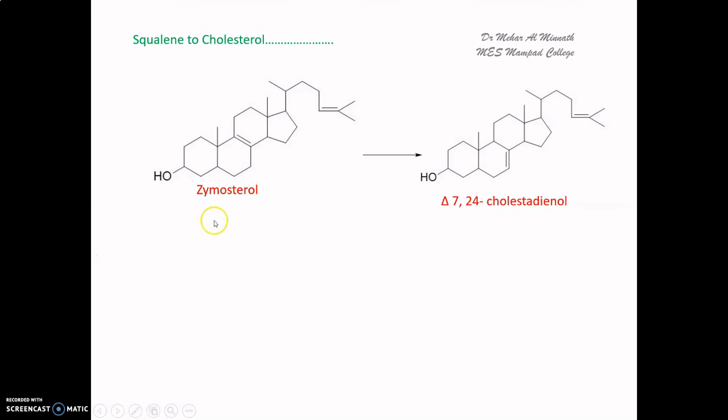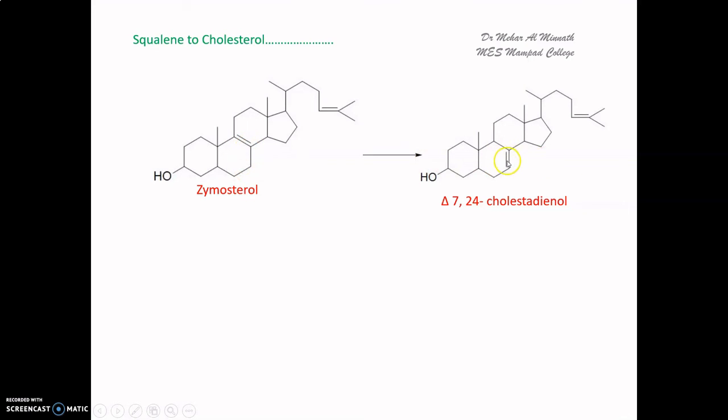Now this zymosterol gets converted to 7,24-cholestadienol. That happens by a migration of the double bond. You can see here we have a double bond over here. Now the double bond between C8 and C9 migrates to C8 and C7 over here.